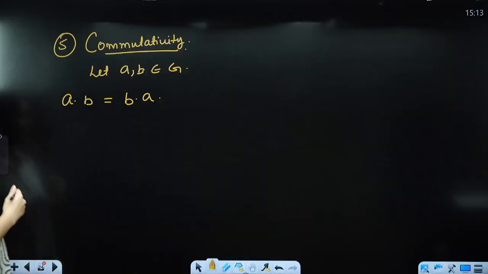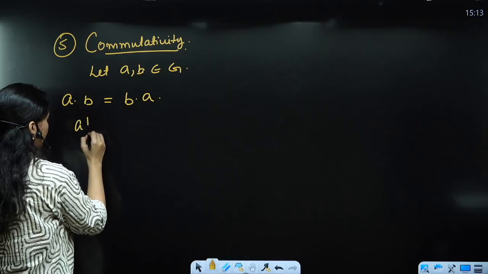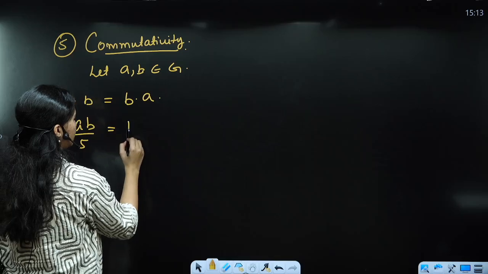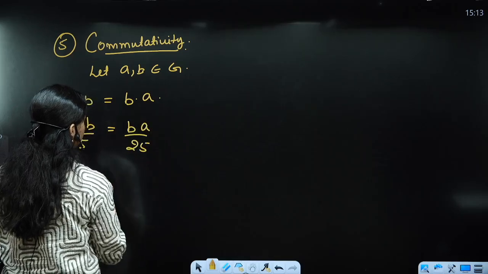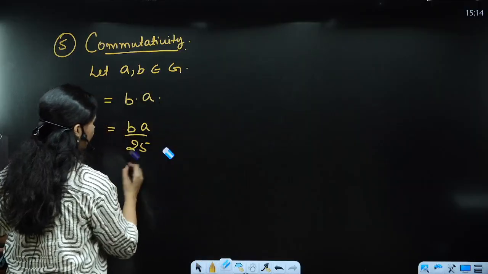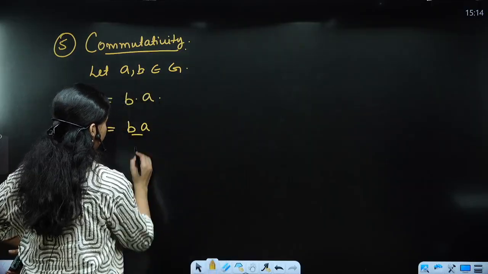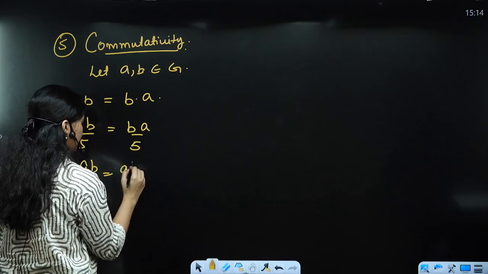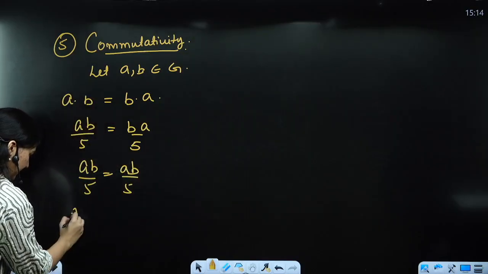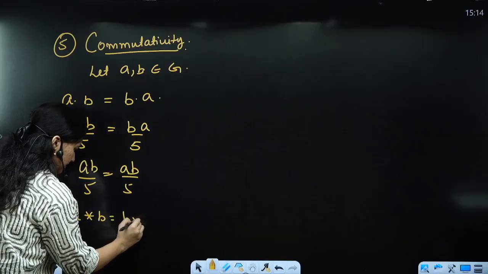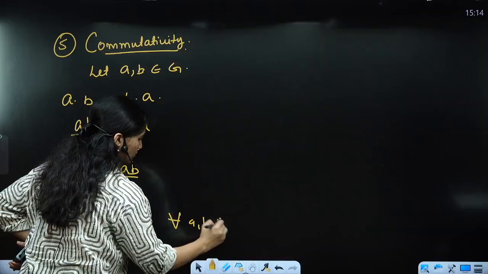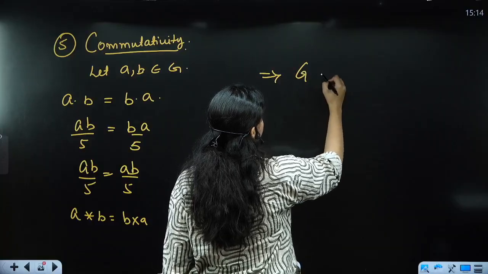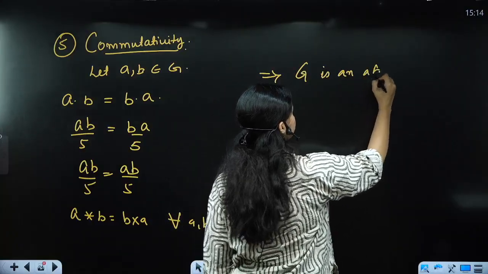So what is a ∘ b? That is going to be ab upon 5. And what is b ∘ a going to be? ba upon 5. Now ab upon 5 can be written as ba upon 5. So clearly we can see that a operation b equals b operation a for all a, b belonging to G. So this implies that G is an abelian group.